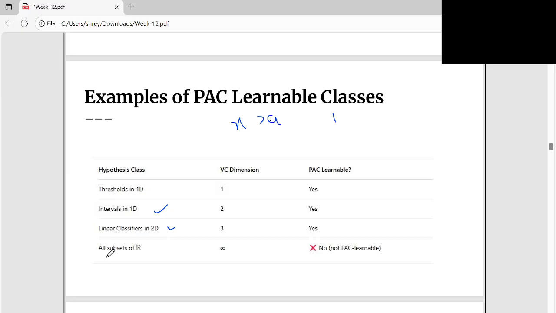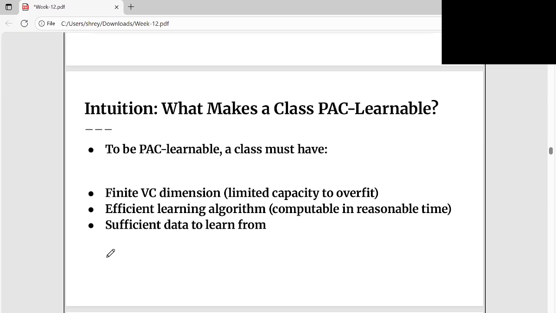So if the VC dimension is infinite, then it is not PAC learnable, because you will not get a good probability of success. Okay, this VC dimension concept is quite theoretical, so we are not including much detail here. In fact, in your videos also it is not included in very much detail.